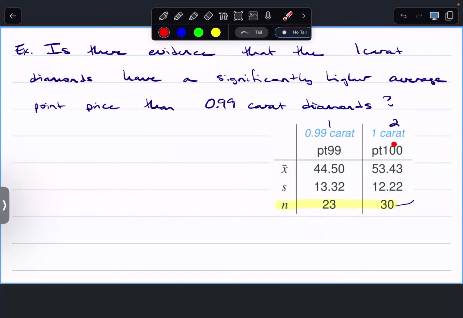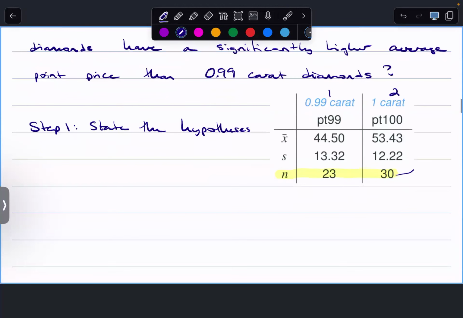And then I make adjustments to my alternative hypothesis later, like this. Step 1, state the hypotheses. I think I've mentioned before, you don't need to actually state what the steps are. As long as you do all the steps, that's fine. But I just like to have it so that you can see that we're just doing the same thing over and over again.